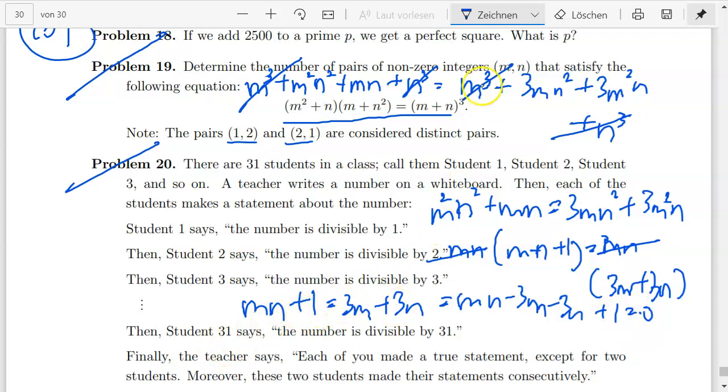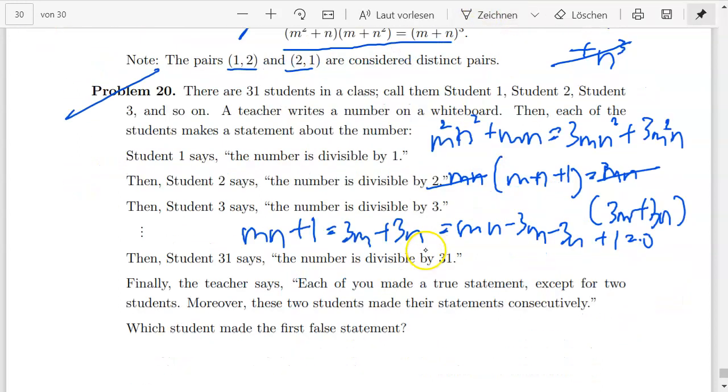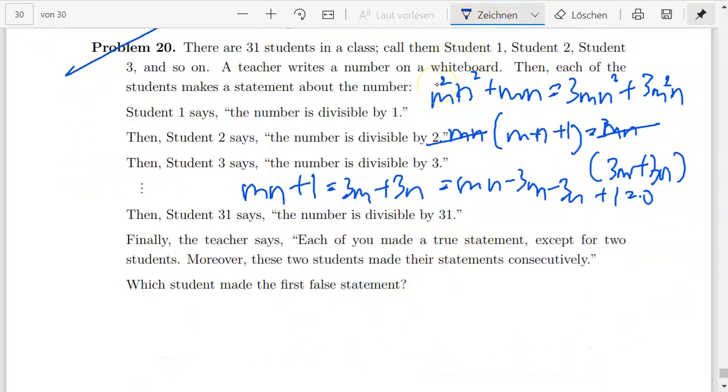Now what I want to do over here is, in Chinese we will say 无中生有, but in English I don't know how to translate it. Maybe it's something like making something out of nothing. So now, because I want to factorize this, I want to make it in such a way that this is factorizable. So what I would do over here is mn minus 3m minus 3n plus 1 plus 8 is equal to 8.